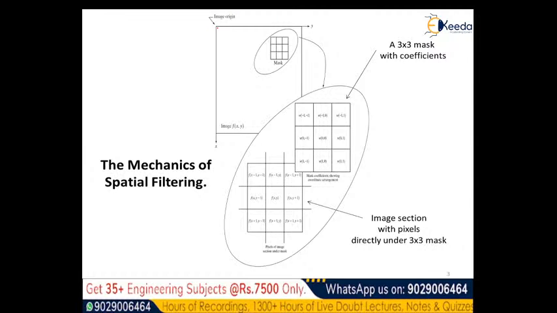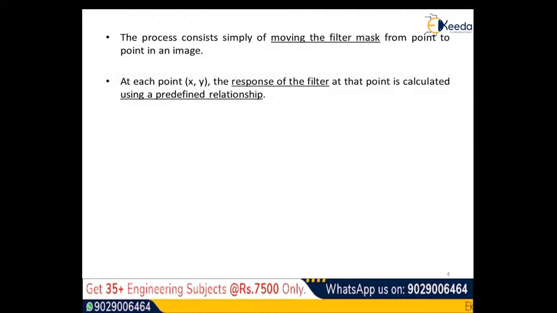Now we can see more details. The process consists of the filter mask being moved from point to point, and any point can be specified with the help of its location in terms of x comma y.